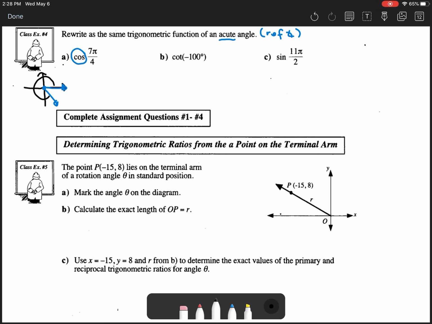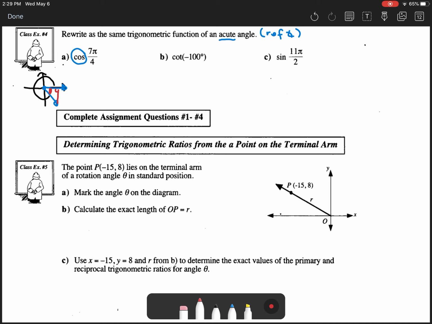Okay, that rotation angle obviously is not going to yield a right angle triangle. So what I do is I use the reference angle, which is right in here in red. That little reference angle is going to give me the same values as if I was discussing that big rotation angle. So I create my right angle triangle right there using the reference angle. Okay, and I need to figure out what that reference angle is.